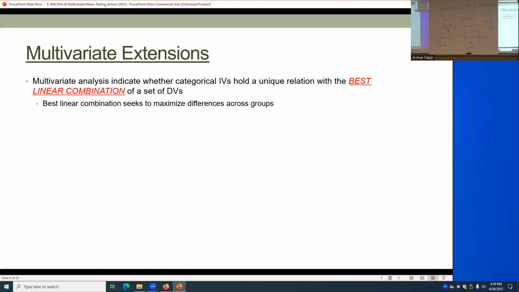Now, if all these measures are tied into well-being, then just model well-being as a latent variable. These slides go through that. We won't spend time doing that in here, but if you're interested, take a look. Tabachnick and Fidell is a good primer on that.